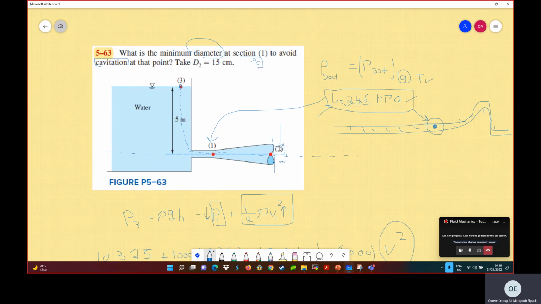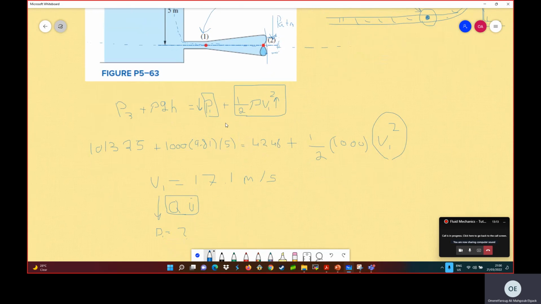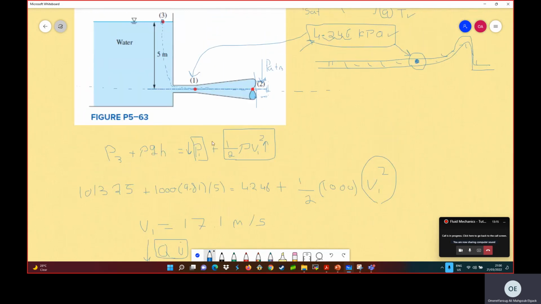The pressure imposed here is the atmospheric pressure again, P atm. So you have the pressure here, which is atmospheric, just like point 3, and then you can find the corresponding velocity at point 2.